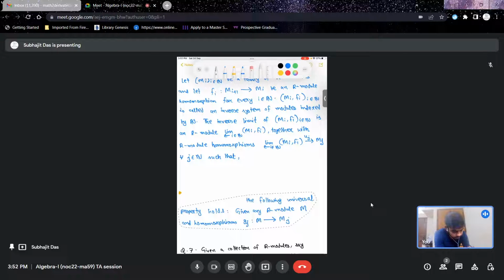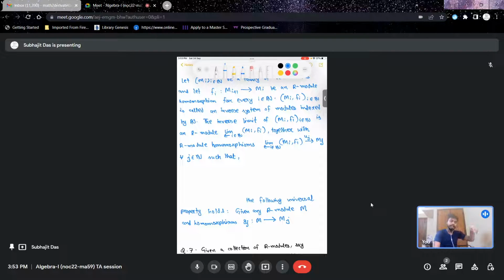So the inverse limit of Mi is an R module, this limit object, together with R module homomorphisms from the limit to Mj for all j in n, such that each of the small triangles commutes. You have this limit object, this inverse limit, and you have a map to Mj. Also you have a map to Mj plus 1, and you are already given a map Fj from Mj plus 1 to Mj.